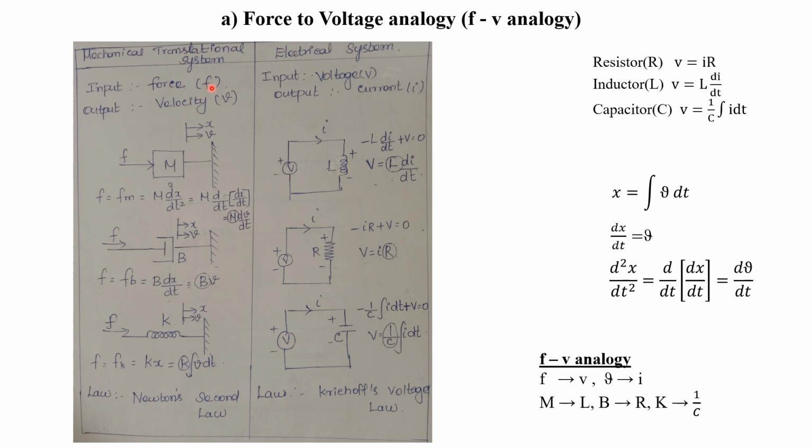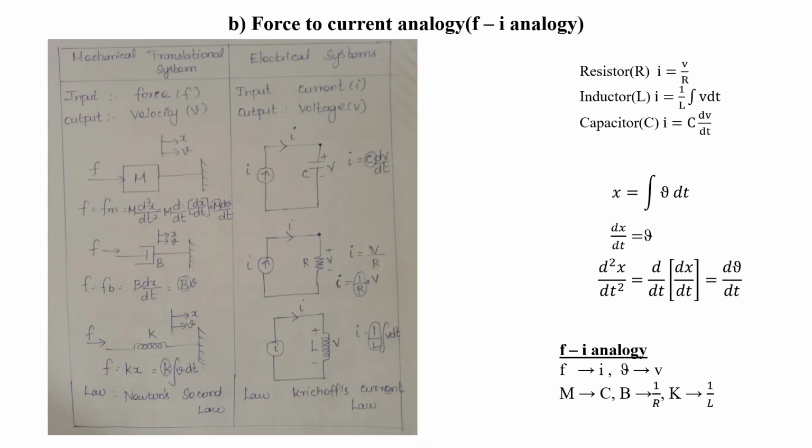That is, force is equated to voltage, velocity is equated to current, mass M is equated to inductor L, damper B is equated to resistor R, and spring K is equated to capacitor 1 by C. Here the element is C, but quantity wise it will be 1 by C. So you have to study this formula, because we use it while solving problems. Now we are going to see the next analogy, that is the force to current analogy.